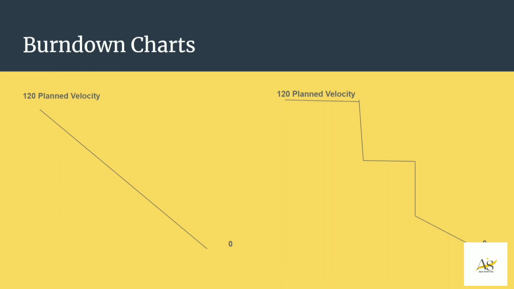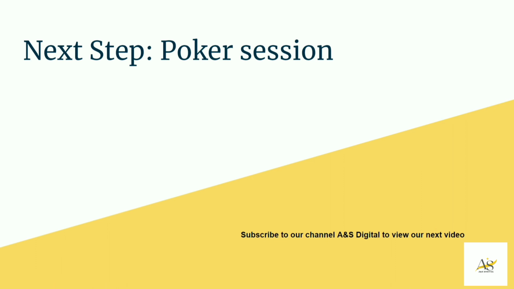You're doing 3 stories, waiting for QA to approve it, then seeing a dip, then again flatlining here. That means nothing is getting done for 3 days, then again a big dip, and then again some sort of a slope. So a burn down chart is very reflective of what your developers and testers are doing. It's very rare to almost impossible to get a slope of this kind where it is perfect.